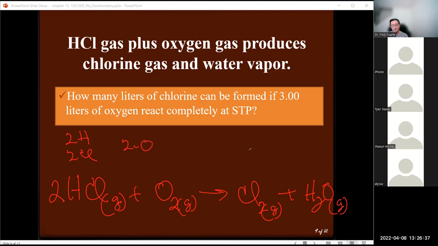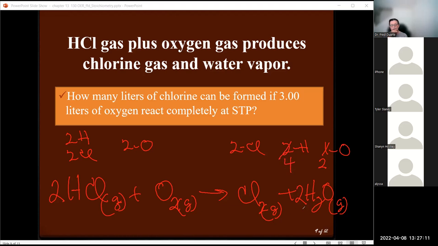On the product side, I've got 2 chlorides on the right, 2 hydrogens, but only 1 oxygen, because I've got 2 on the left. What if I put a 2 in front of water? That would take care of my oxygens, but then that kicks up my hydrogens to 4, does it not?